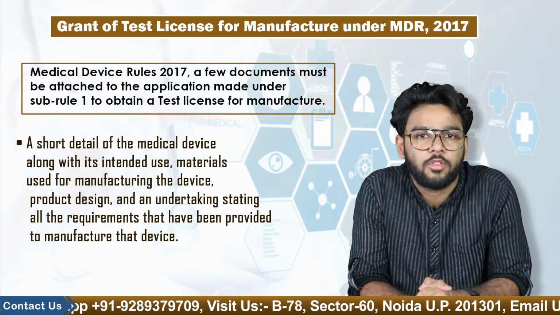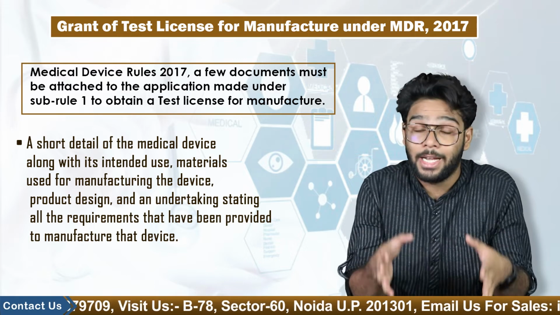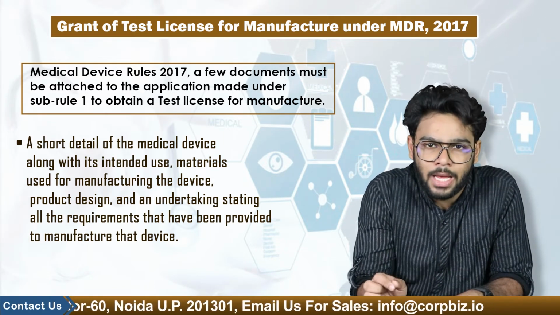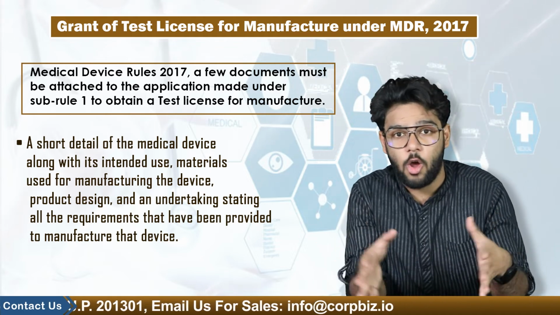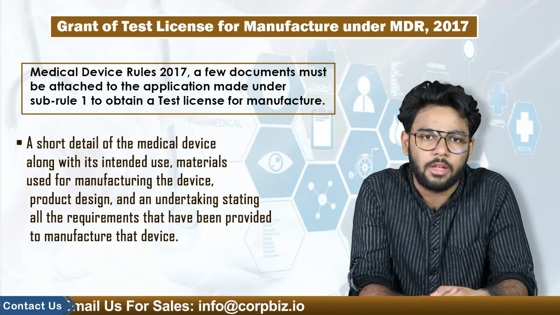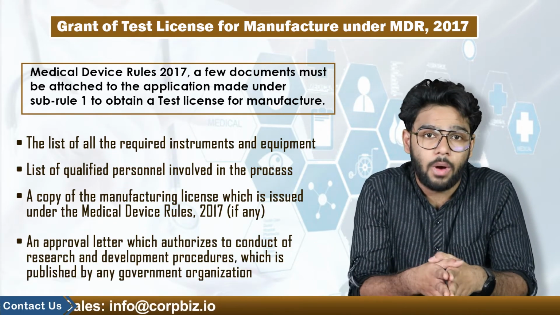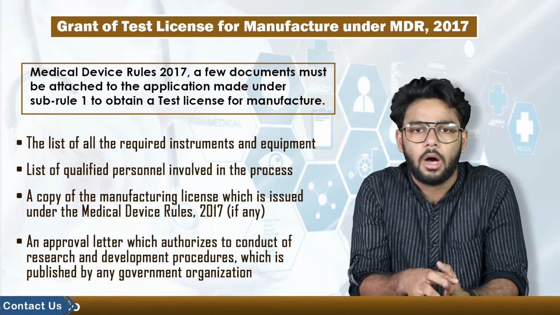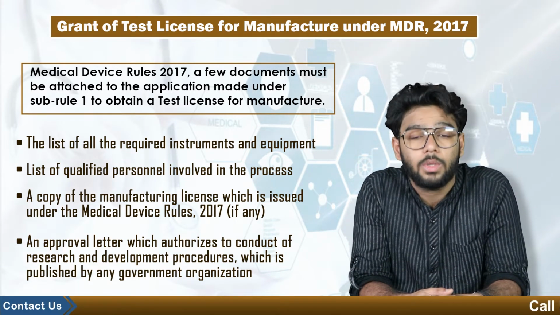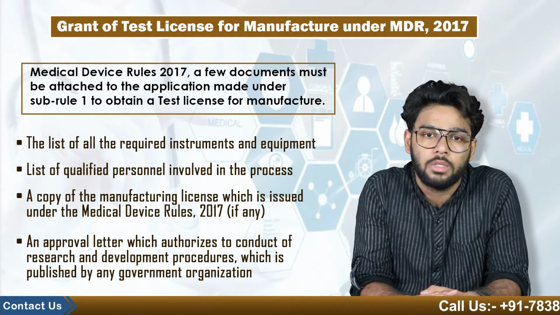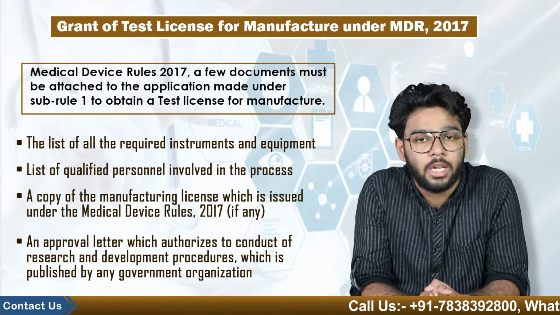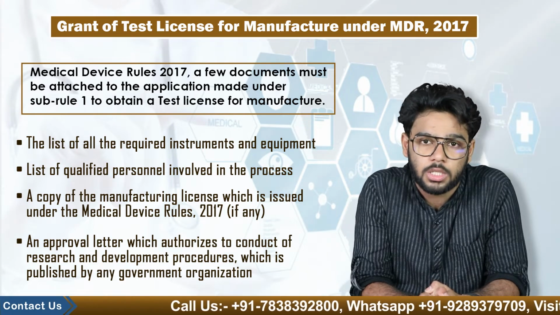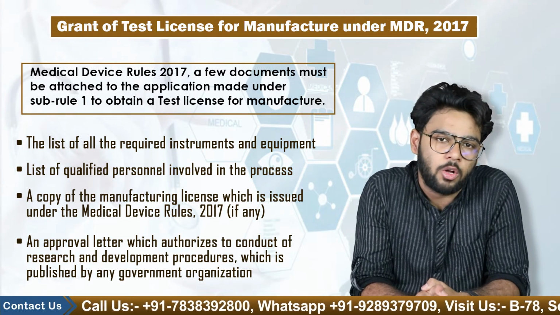A short detail of the medical device along with its intended use, materials used for manufacturing the device, product design, and an undertaking stating all the requirements that have been provided to manufacture that device. The list of all the required instruments and equipment, list of qualified personnel involved in the process, a copy of the manufacturing license issued under the Medical Device Rules 2017 if any, and an approval letter which authorizes the conduct of research and development procedures, published by any government organization.